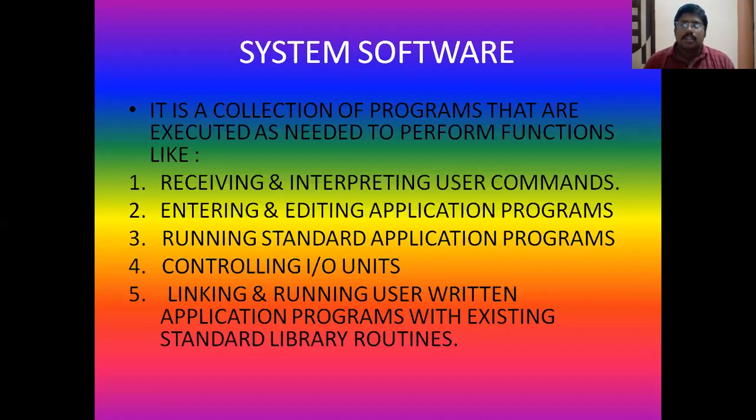Next, it has to link our program with the standard library files. The best example I have given now. Everyone is very much familiar with those two lines. In order to write any program in C, you write hash include stdio.h, conio.h. H means header files, which means predetermined files.